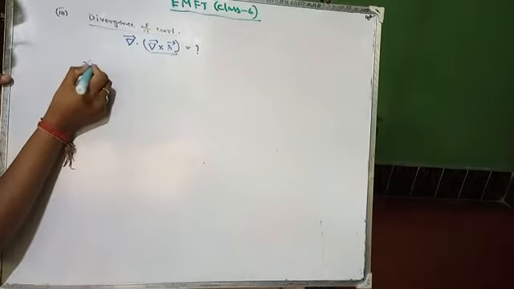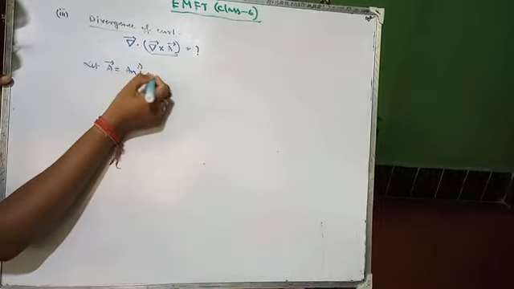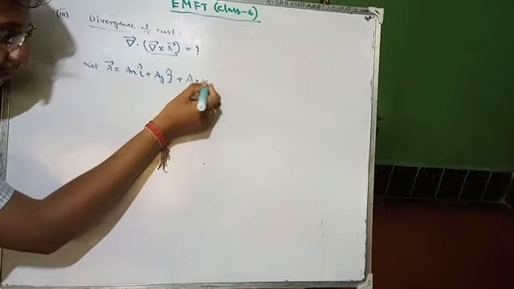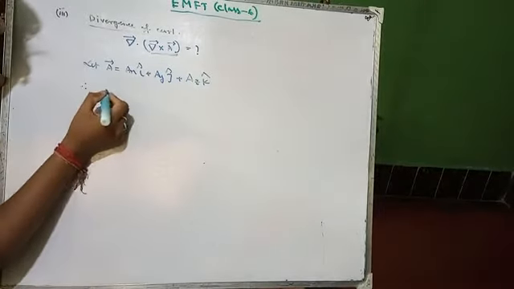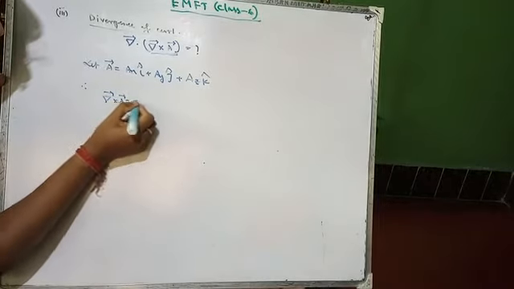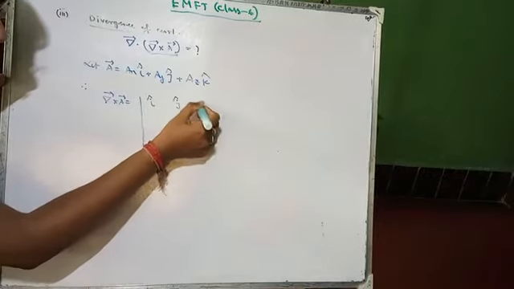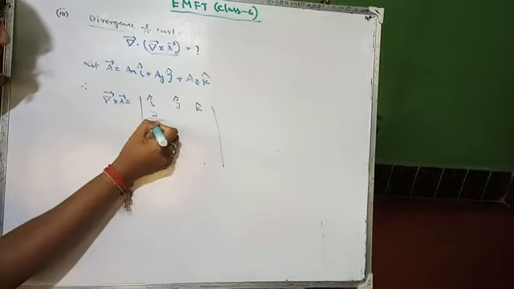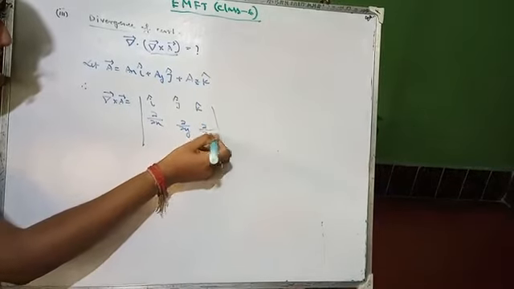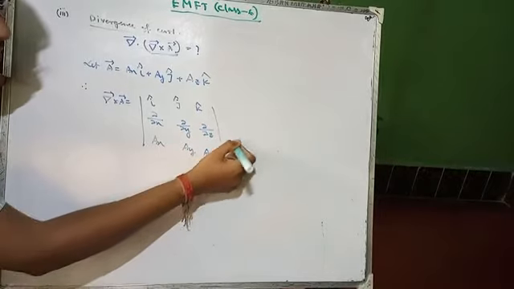So let A equals Ax i cap plus Ay j cap plus Az k cap. Now if we apply the curl over it, then what happens? Curl of this vector A can be written as the determinant with i cap, j cap, k cap, del/del x, del/del y, del/del z, and Ax, Ay, Az.